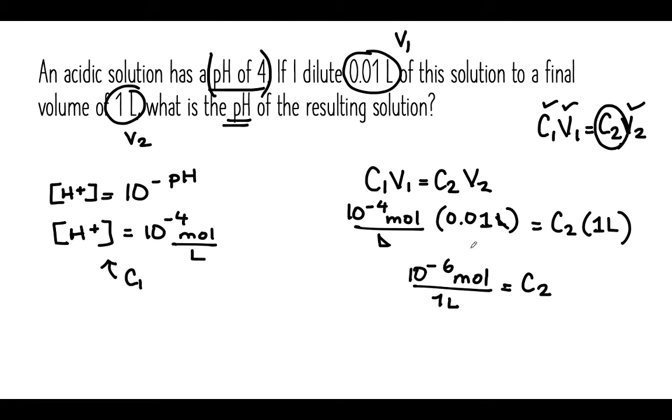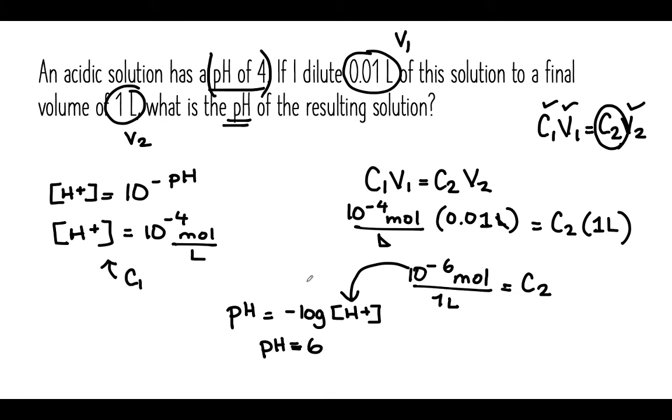So what we can do is take this value of concentration, 10 to the power of negative 6, and put that into our formula for pH. So pH is equal to negative log of the concentration of H plus. And in this case, 10 to the power of negative 6 moles per liter is the concentration of H plus. When I put this into my calculator, I am going to get a pH of 6.